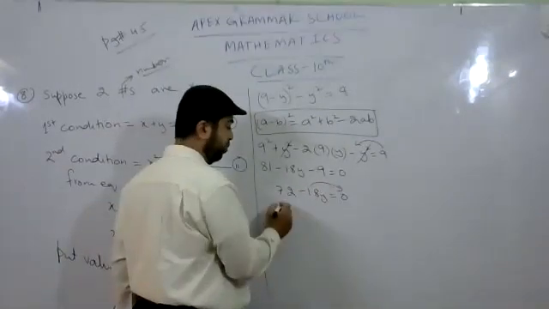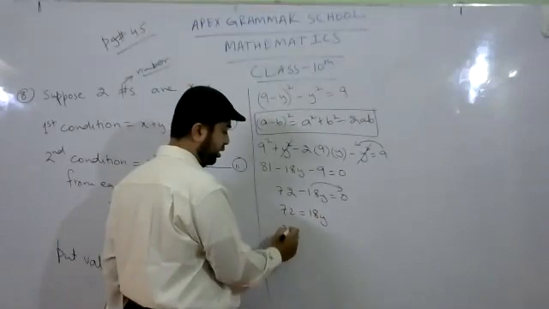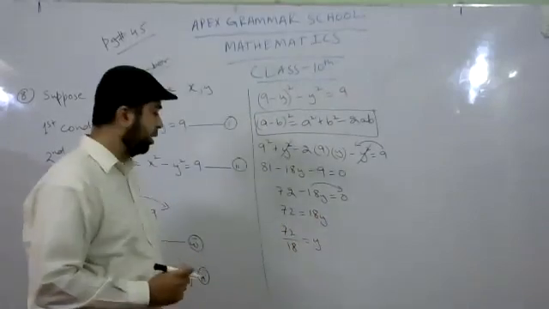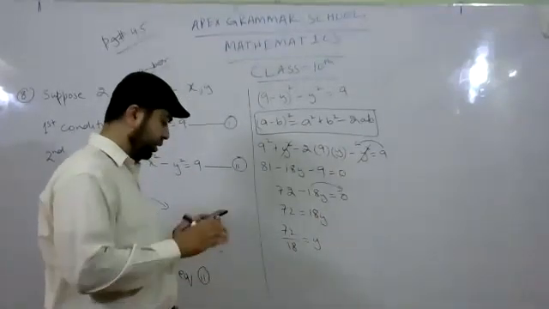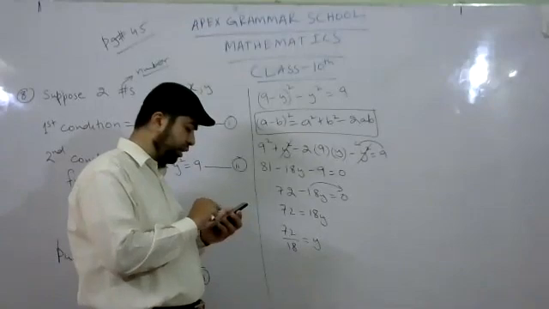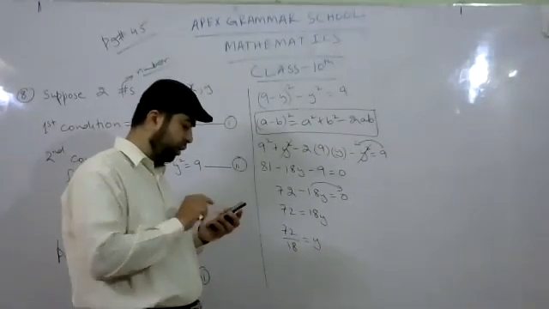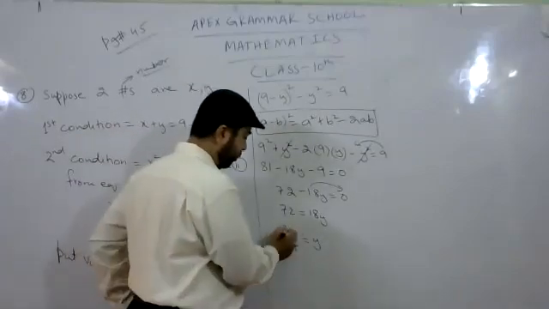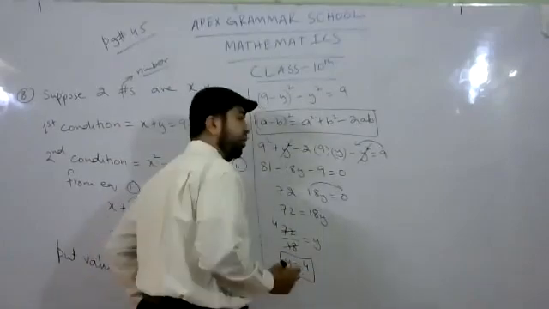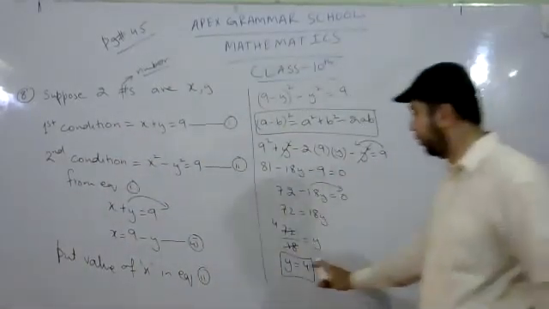This negative 18y will be positive on the other side and 18 will divide there. So 72 divided by 18, that is 4. So we are left with the value of y. The value of y here is 4.